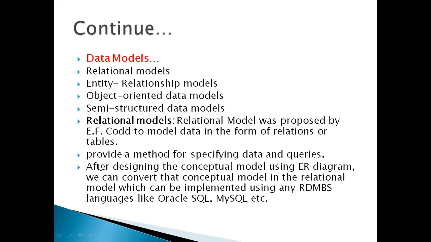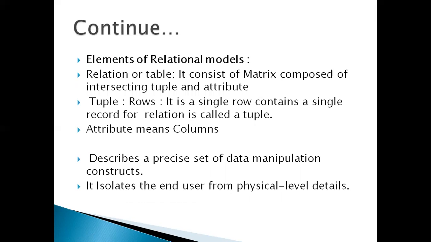After designing the conceptual model using an ER diagram, we can convert that conceptual model into a relational model, which can be implemented using any RDBMS language like Oracle SQL, MySQL, etc. Continue. Elements of relational model.